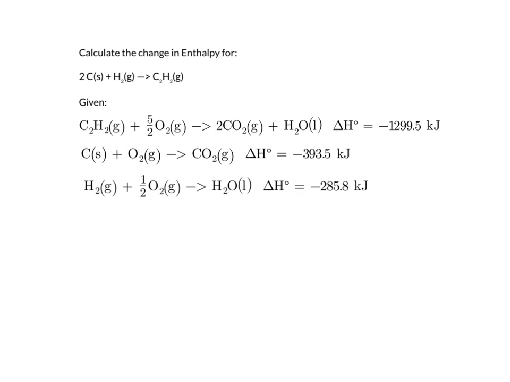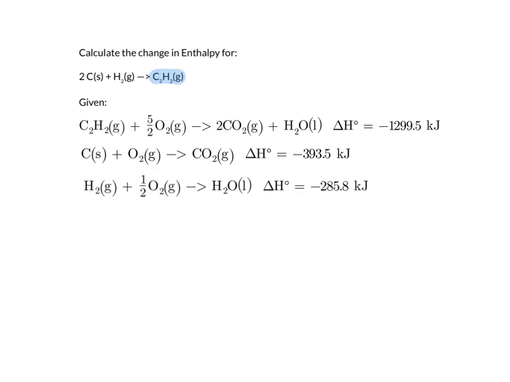So in this problem, I'm trying to calculate the change in enthalpy for this overall reaction given these 3 steps. I need to put these 3 steps together in such a way that it gives me this overall reaction. The way I'm going to approach this is, first of all, to figure out where my products are in the 3 steps.